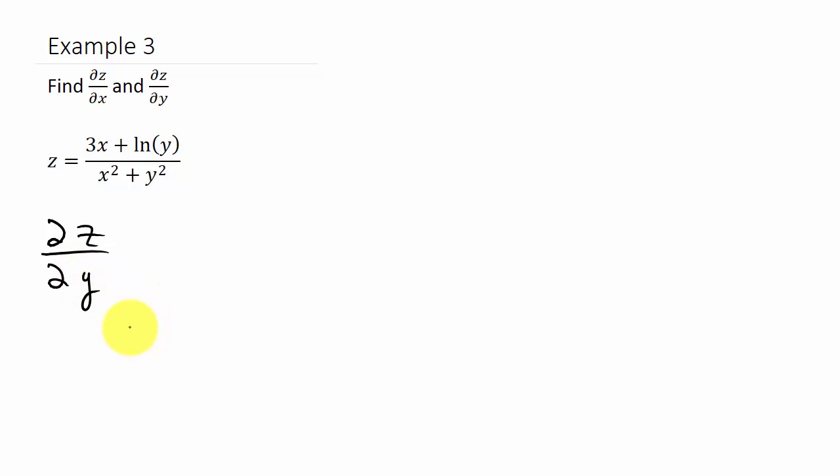This time, I'm sorry, we treat the x term as a constant. We do have a y term in the numerator, we do have a y term in the denominator, so we're going to have to use the quotient rule.